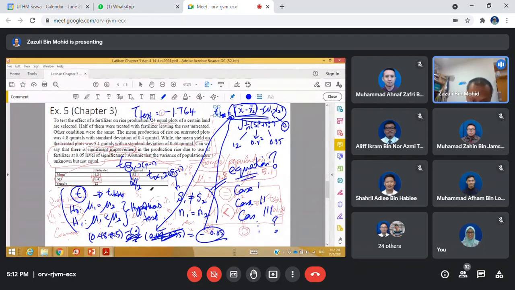So we have to refer to t 0.05, 22. The biggest mistake in this problem is when you refer to alpha divided by 2, you are referring to a different value of the t table.